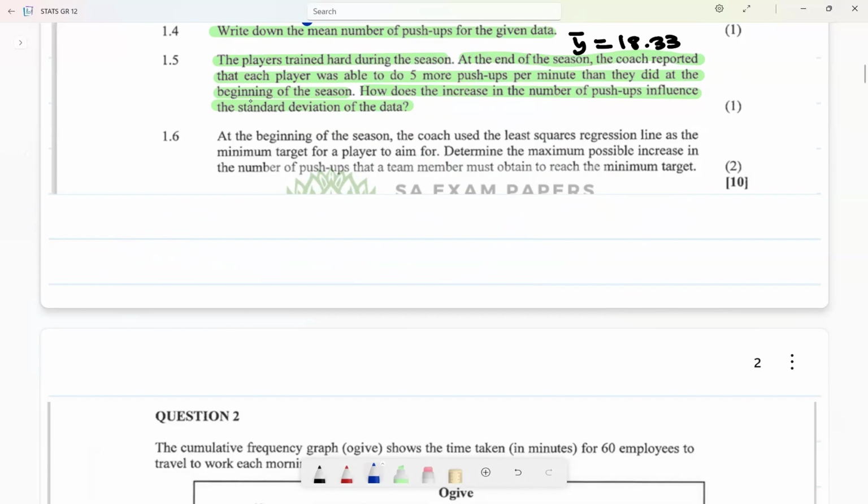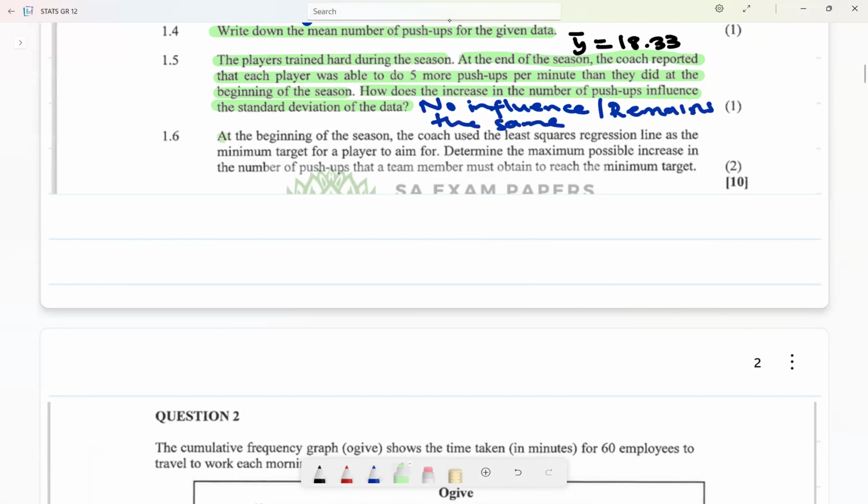When I increase the push-ups by 5 for each and every player, there is no influence, because the data won't be the same, but the changes will be the same for everything, so it won't change. How does the increase in the number of push-ups influence this? You will say no influence, or it remains the same.